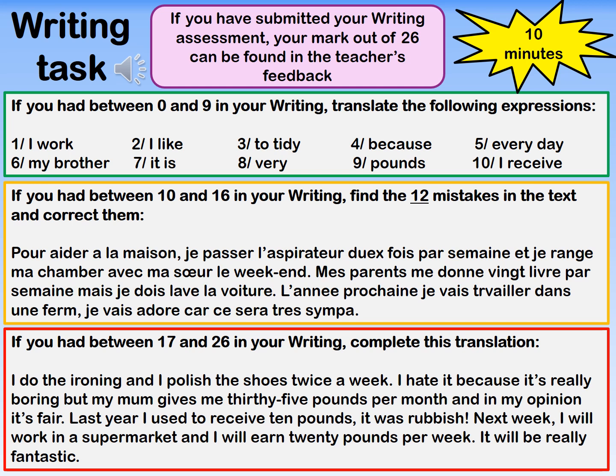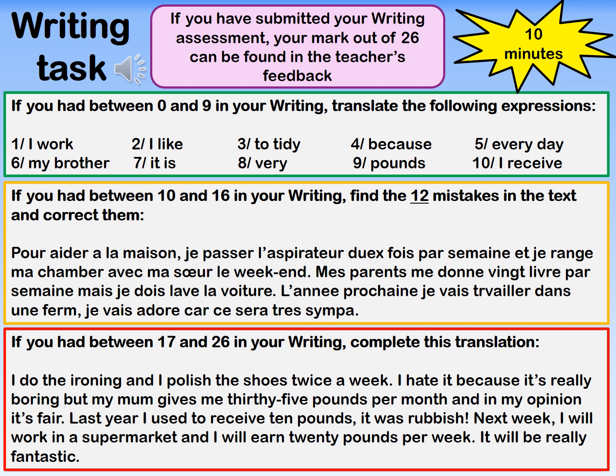Okay, so now that I've given you general feedback, you need to make sure that you know what mark out of 26 you got in your writing assessment. And to find that mark, you need to go back into the last upload that you've done and find the feedback for your writing assessment.